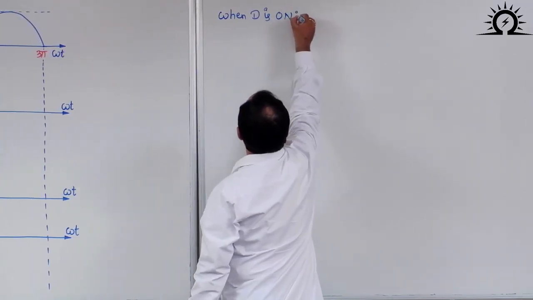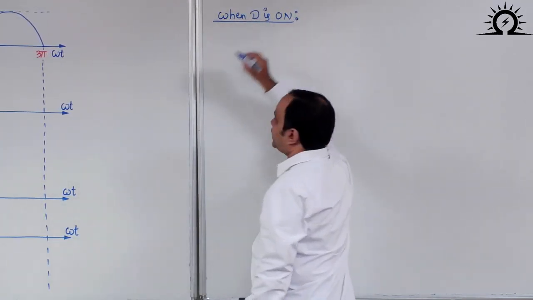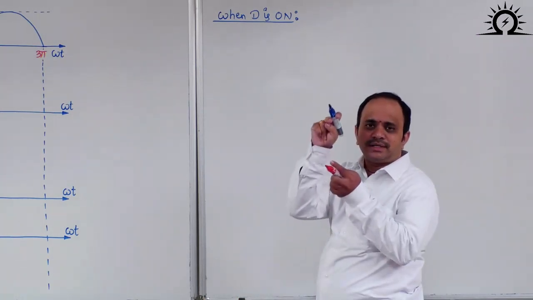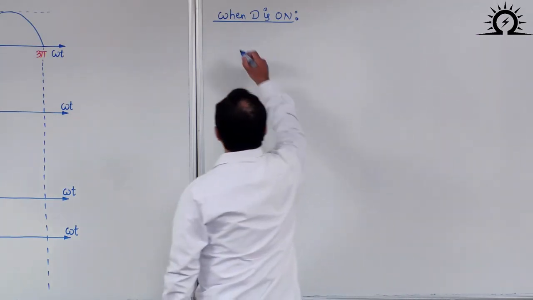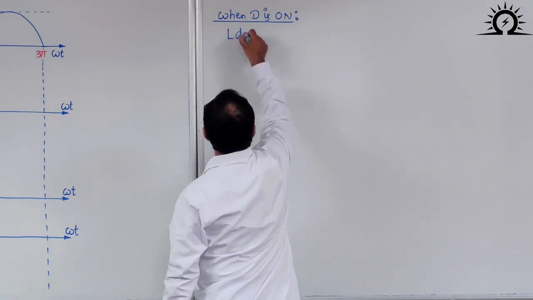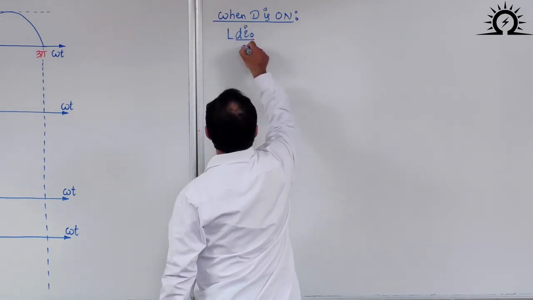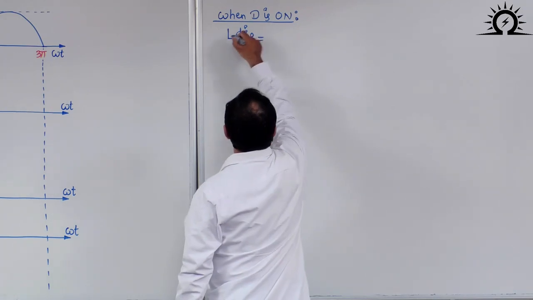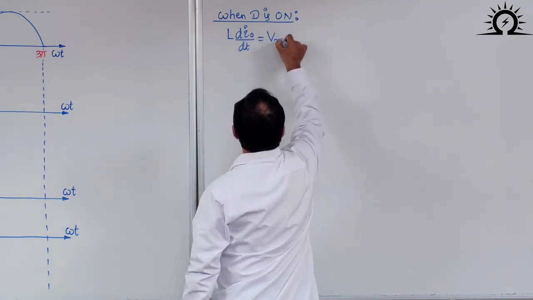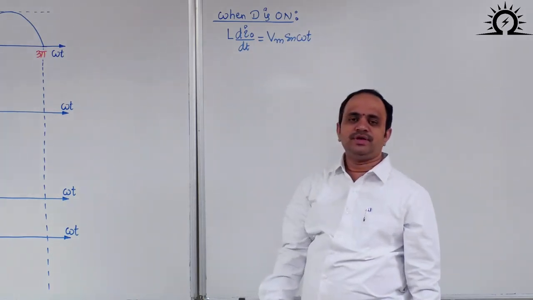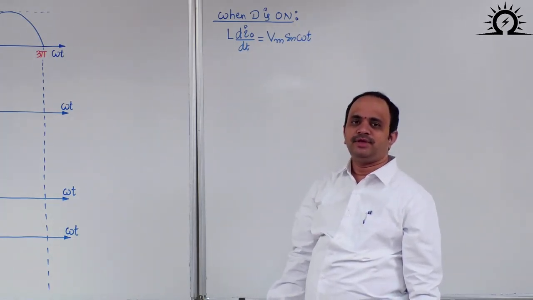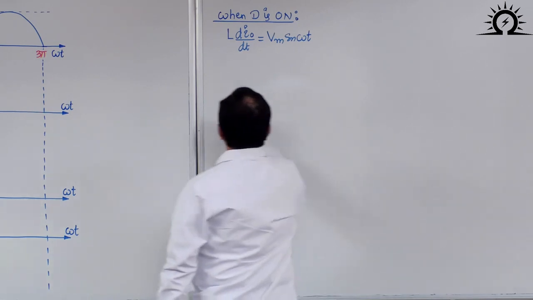When diode is turned on, we can say that the load inductor, pure inductor, is connected to sinusoidal source. Therefore, how can you express the circuit equation? L into di0 by dt is equal to Vm sin omega t.